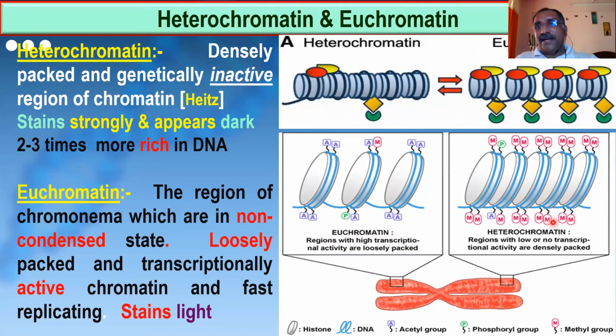If it is heterochromatin, we can say it is condensed, tightly packed, inactive, dark staining, and 2 to 3 times more DNA is present compared to euchromatin. So these are the differences between heterochromatin and euchromatin.